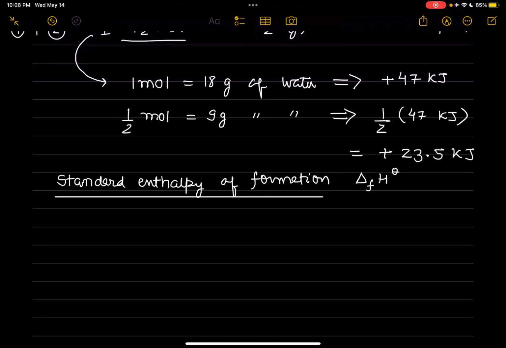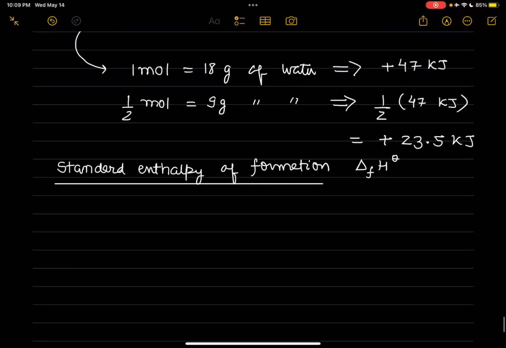So what can we expect from the name? What could be the definition? If we talk about the standard enthalpy of formation, what may it be? The heat required when a compound is being formed. Yeah, 1 mole of compound is being formed under standard conditions.